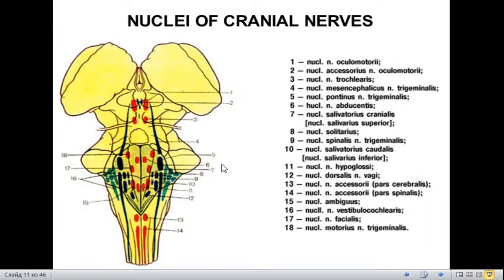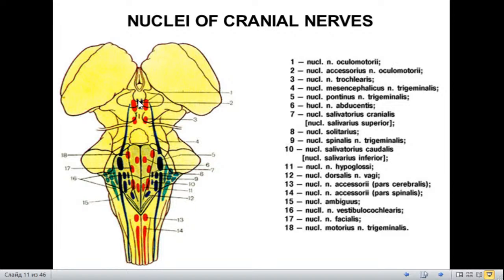Let's revise the nuclei of cranial nerves. As you know, the first and second cranial nerves are false, so they have no nuclei. Third cranial nerve has nuclei in the midbrain, especially in the cerebral peduncle, and it has two nuclei: nucleus motorius nervi oculomotorii, found at the level of the superior colliculus, and one parasympathetic nucleus called the accessory nucleus of the oculomotor nerve.